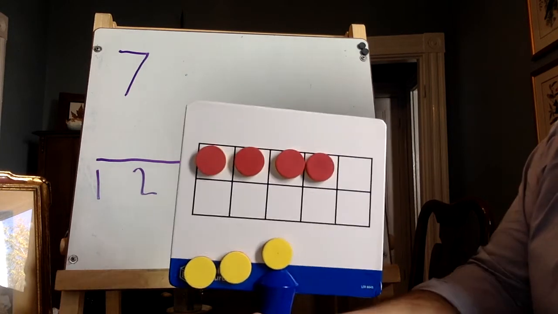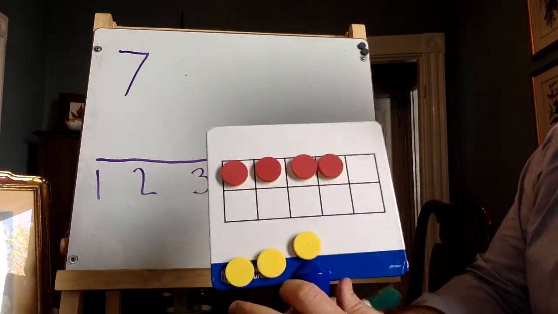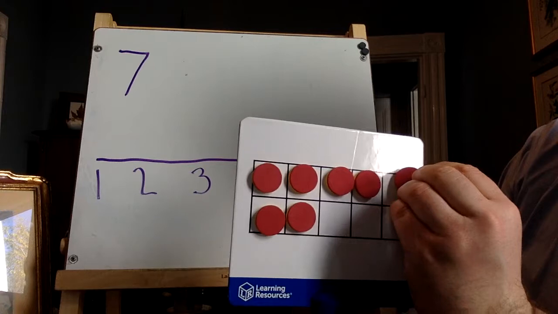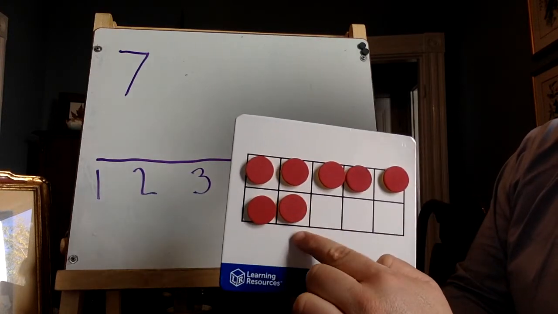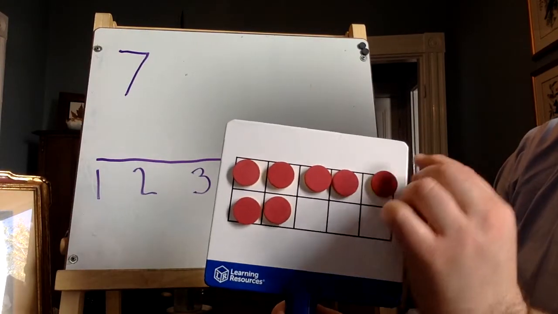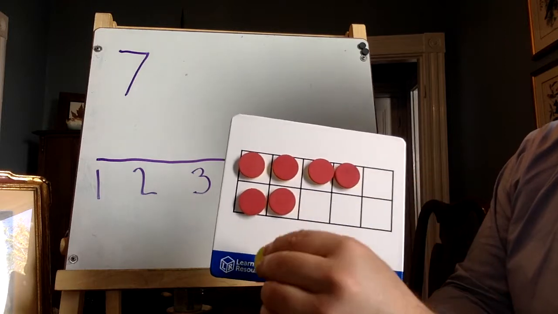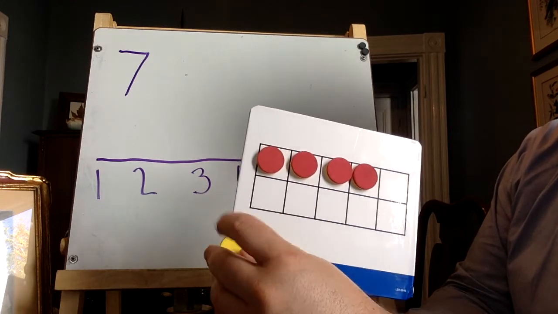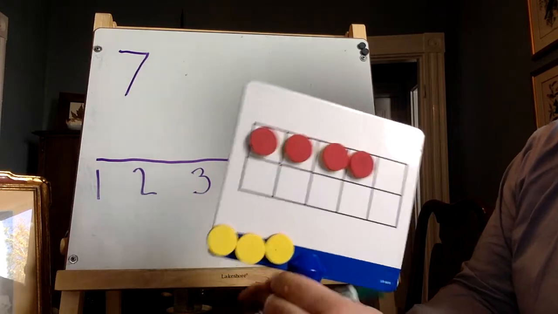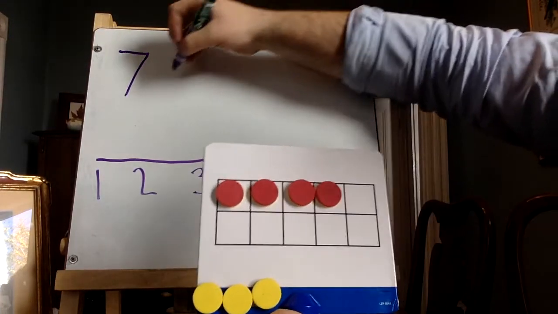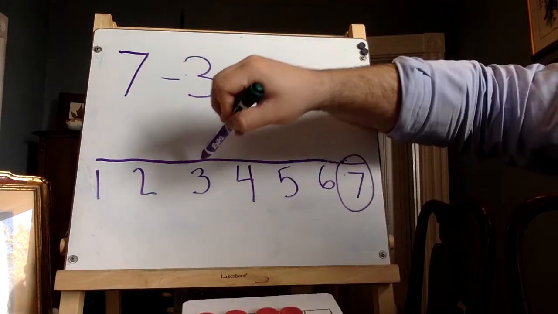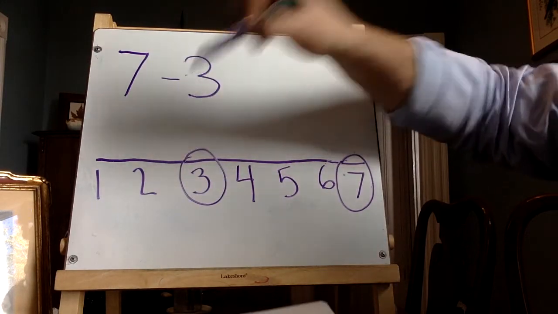So the way I would write that would be, I have 7, and then how many did I give away? 3. So 7 minus 3. I'm going to circle 3 on my number line.